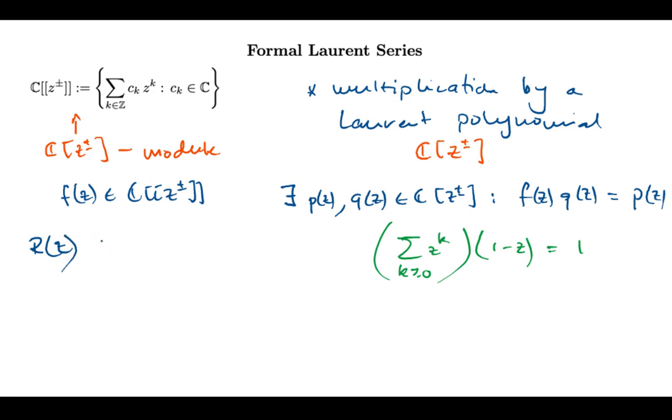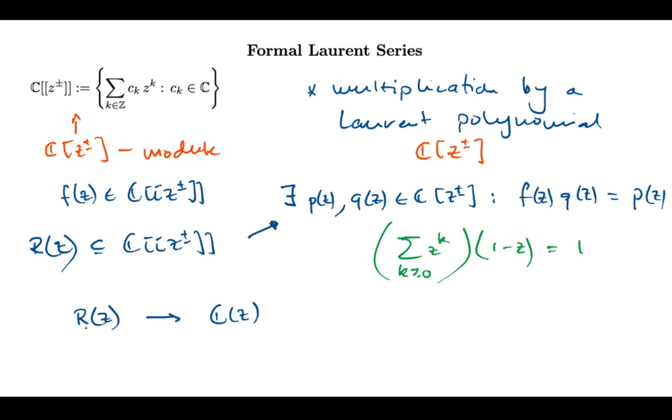So this is a subset among all formal Laurent series. It's defined to contain those formal Laurent series that satisfy this condition. And so what this is getting to is I have now an actual map from this subset to the ring of rational functions.